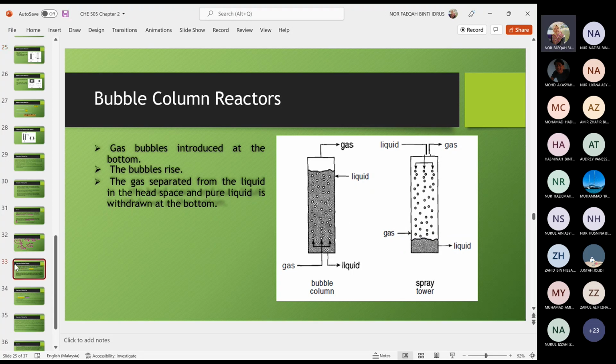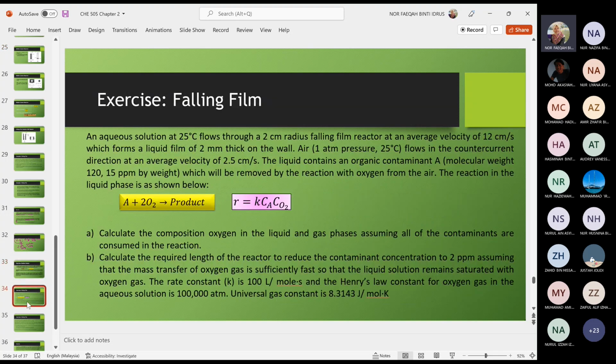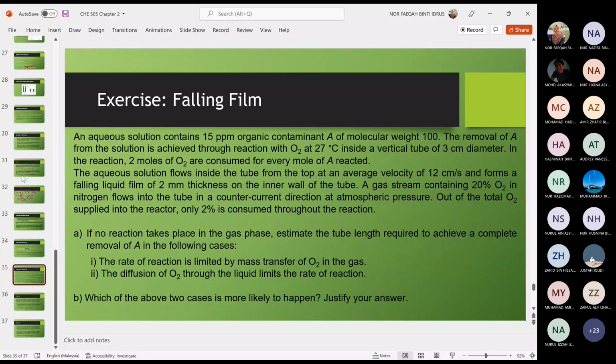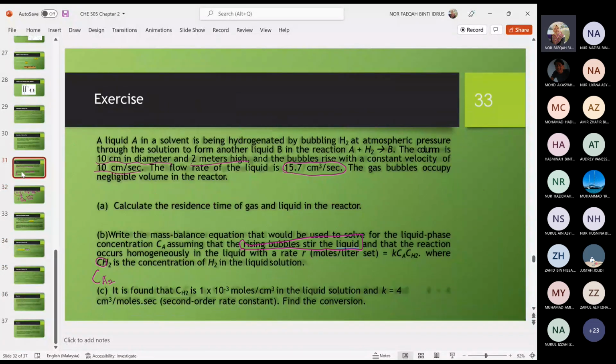So that's why we can assume that, where is the question page? It's gone. Okay, here it is. So the rising bubbles with high velocity will act as a stirrer to form uniform mixing. Remember that when you do your design project later, this is the knowledge you will use in part 7 and part 8.